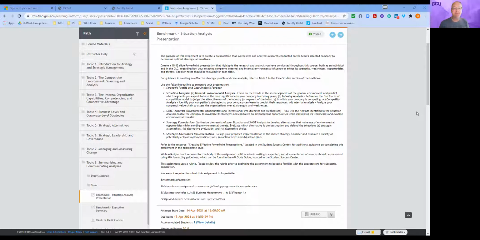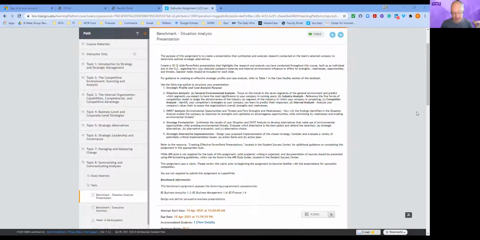All right, so the purpose of this assignment, we'll just read through this. The purpose of this assignment is to create a presentation that synthesizes and analyzes research conducted on the team-selected company to determine optimal strategic alternatives. So you need to create a 10 to 12 slide PowerPoint presentation that highlights the research and analysis you've conducted throughout this course.